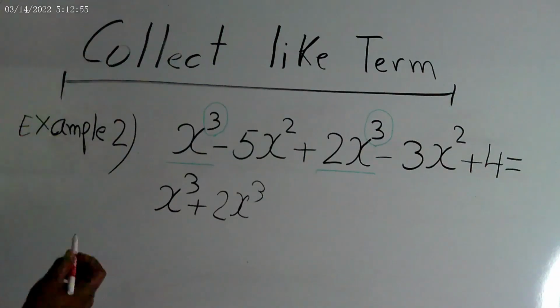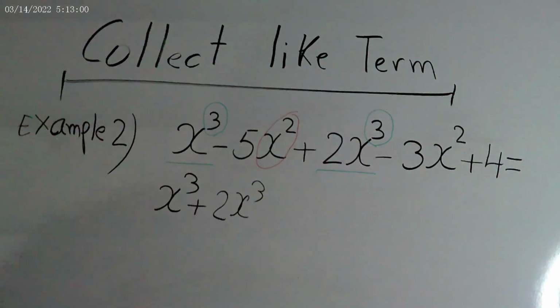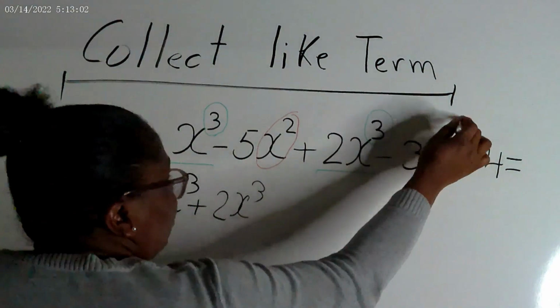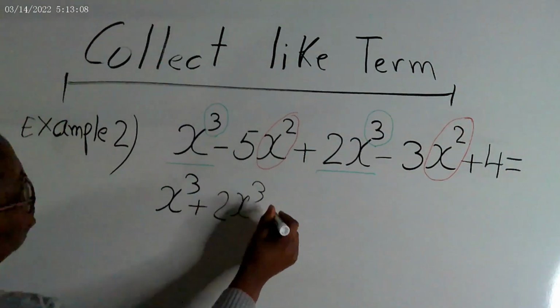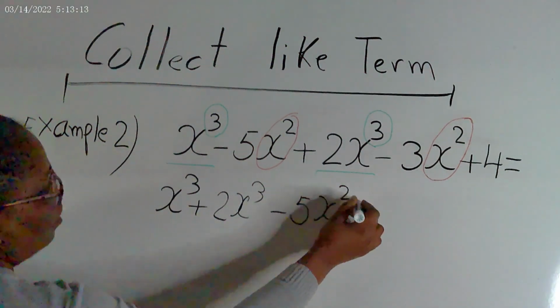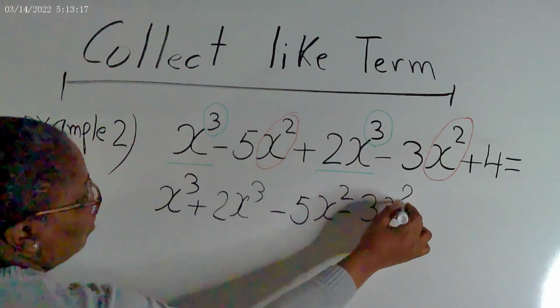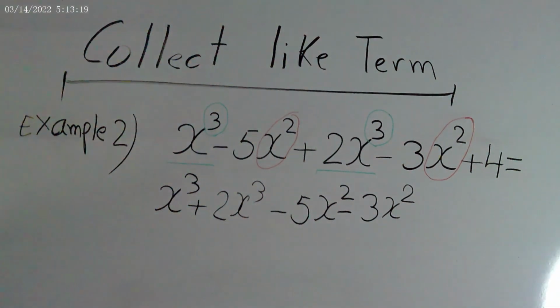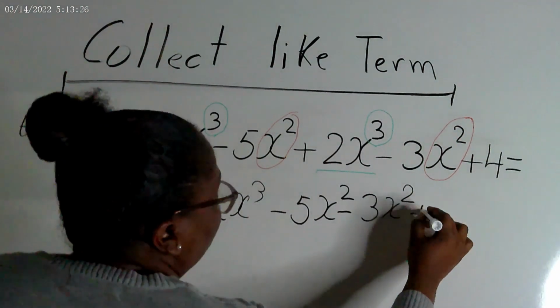Now you have minus 5x to the 2 right here, and minus 3x to the 2. The constant 4 is going to stay like this because there is no term to combine with it, plus 4.